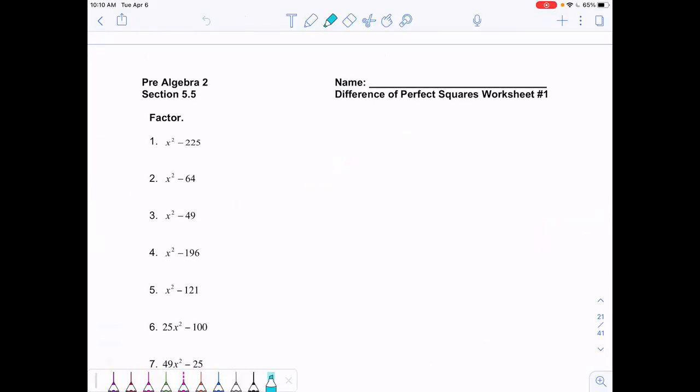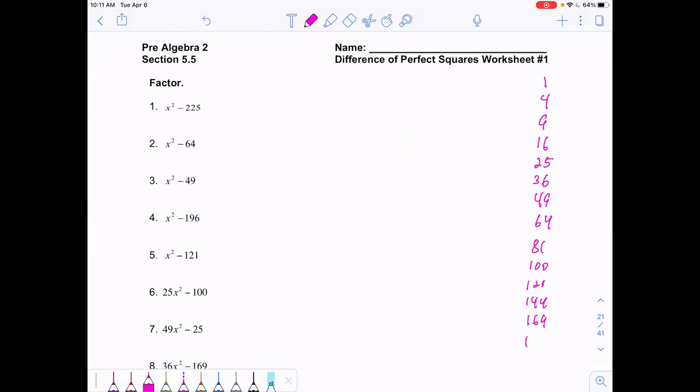Got it. So if you want to open this up, as Mr. King said, it might be helpful just to list the first perfect squares on the side. I'll just make a quick list. 1 squared's 1, 2 squared's 4, 3 squared's 9, 4 squared is 16, 5 squared's 25, 6 squared's 36, 7 squared is 49, 8 squared is 64, 9 squared 81, 100, 144, 169, 196, and then lastly 225.